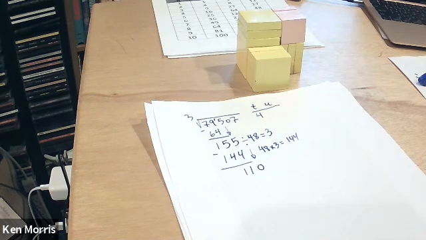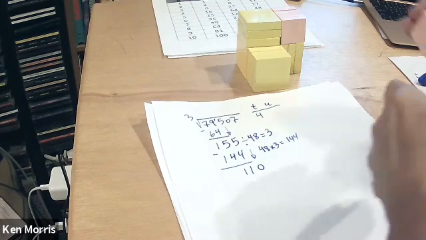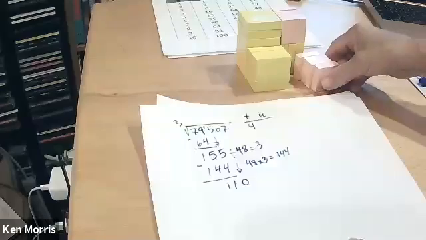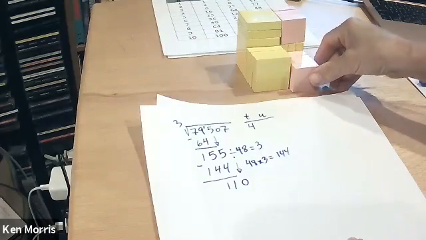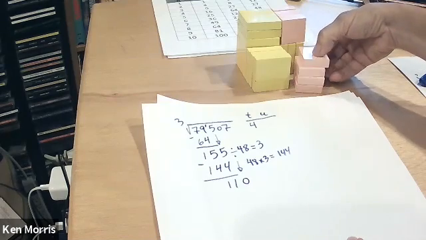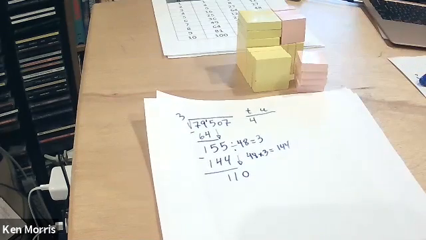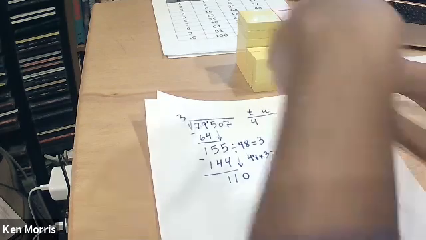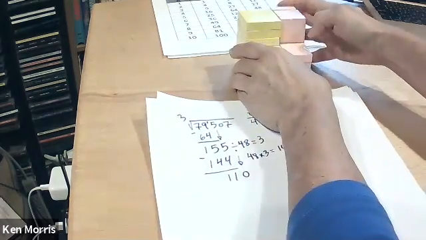And then I have my 3 squares right here that I'm going to put in this dimension right here.